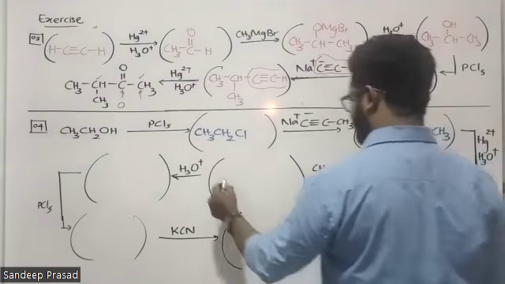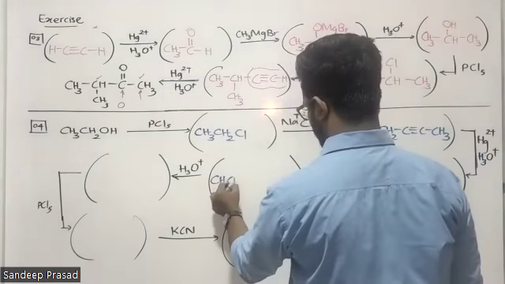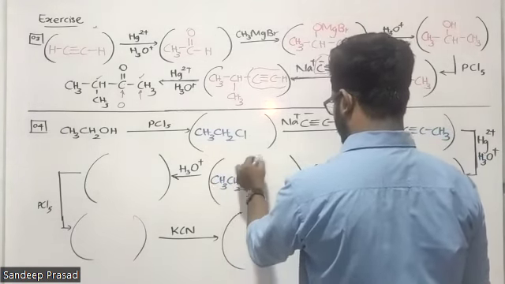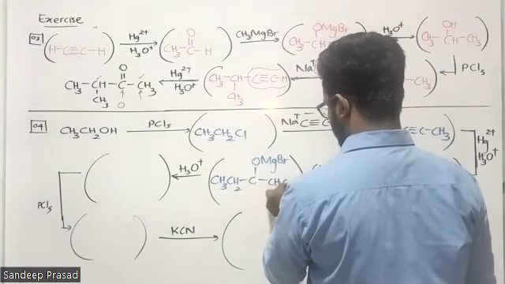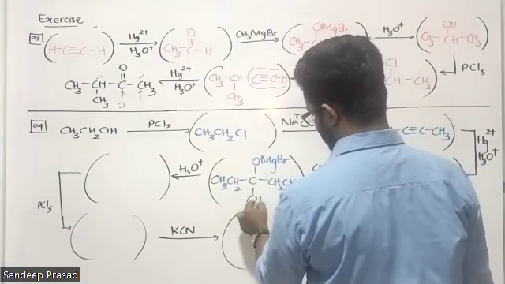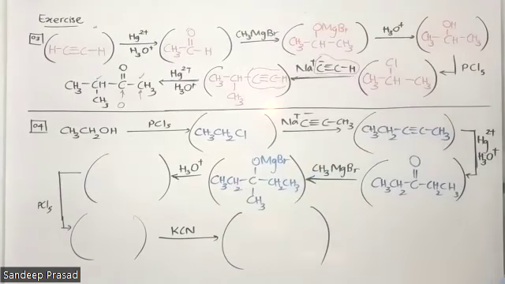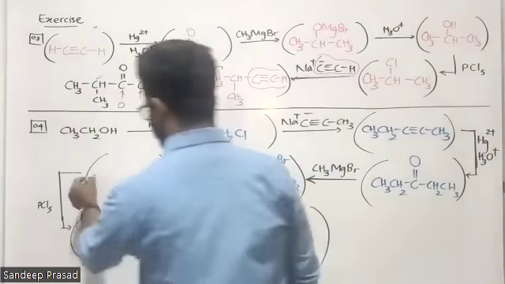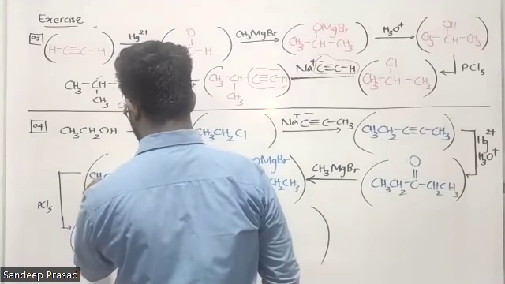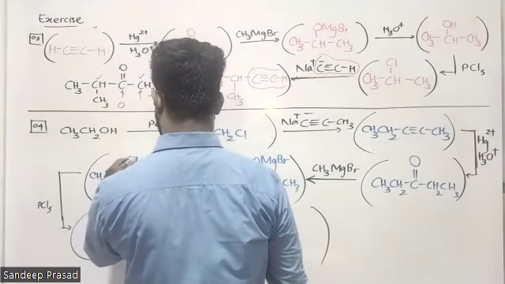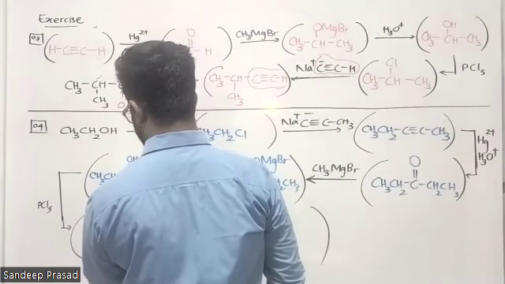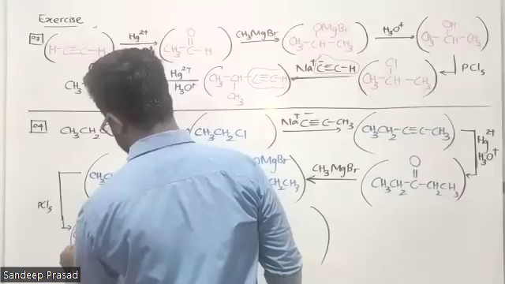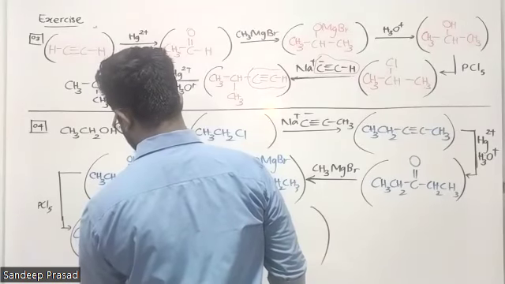Grignard reagent is added. So therefore, CH3, CH2, OMgBr, CH2, CH3, and here a methyl group. Then H3O plus is added, right? Then we can see that this is converted into alcohol. PCl5 is added, CH3, CH2, Cl.